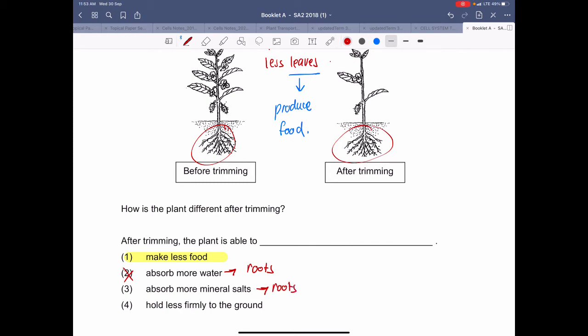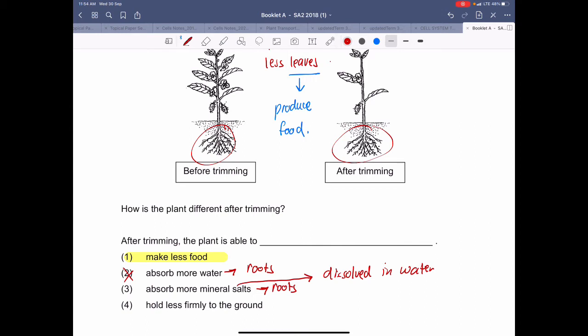And be very careful, your mineral salts, they're actually dissolved in water, in the soil. Okay? So whatever items that can dissolve in water will also go up to the plant together with the water. Another example that we have talked about recently would be your colored dye.